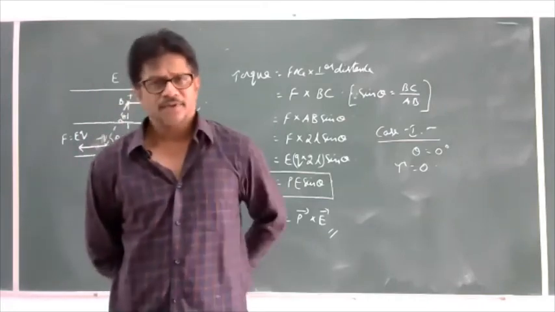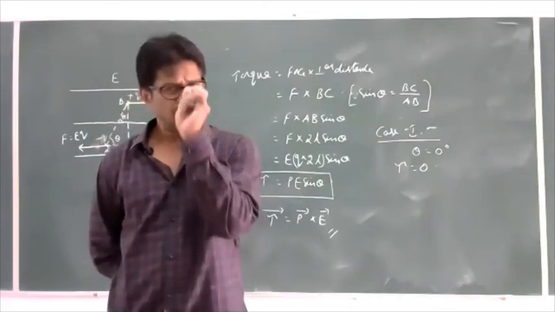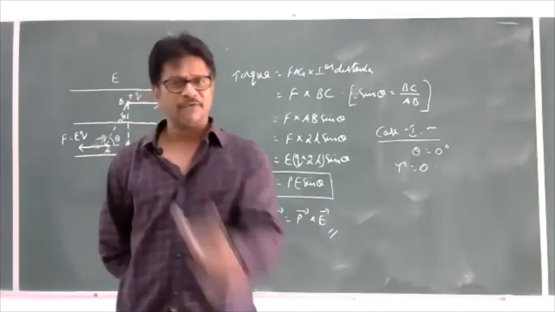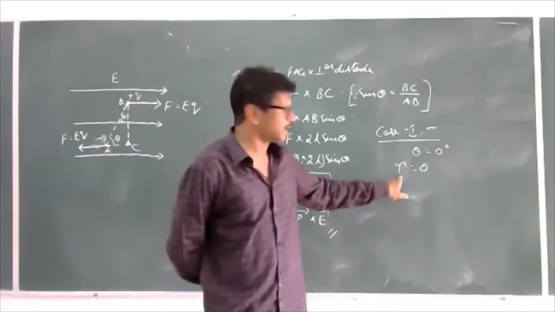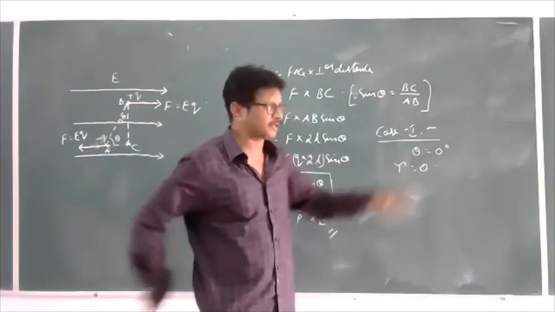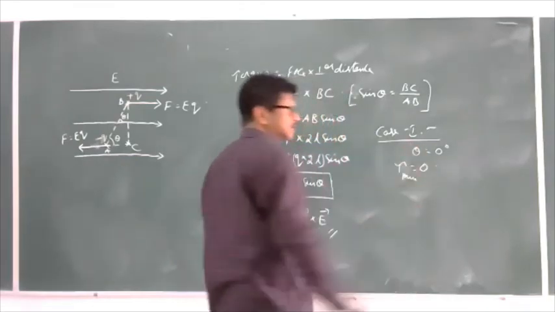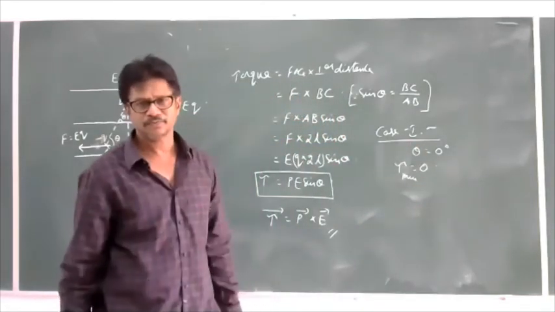So what we can conclude now is, whenever a dipole is placed parallel to an electric field, it will not experience any torque. So the minimum torque, tau min, is equal to 0.